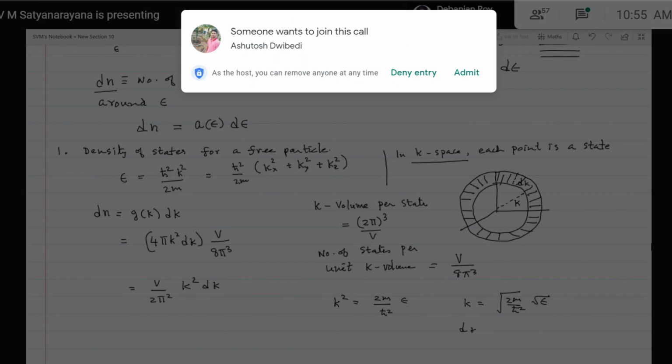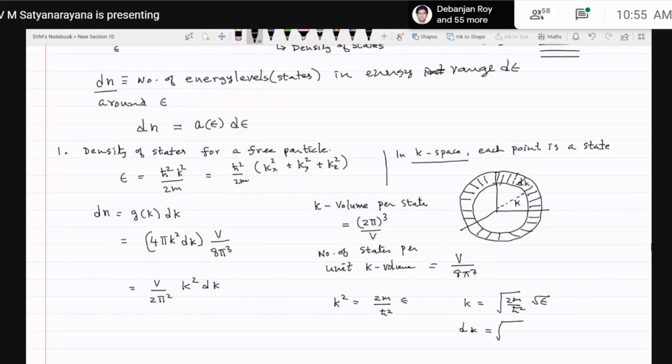So dk will be equal to the square root of twice m by h bar square into 1 over 2 root epsilon into d epsilon. If I substitute that here, I have V by 2 pi square into twice m by h bar square to the power 3 by 2 into epsilon into 1 by 2 root epsilon d epsilon.